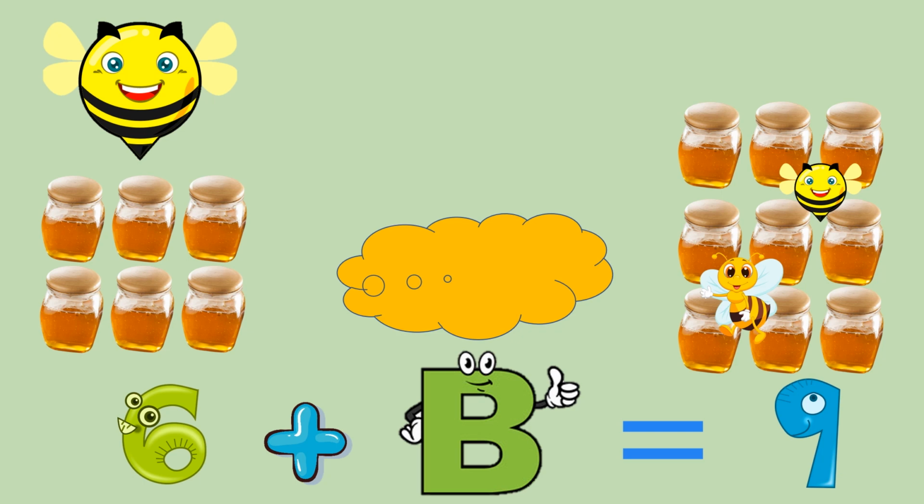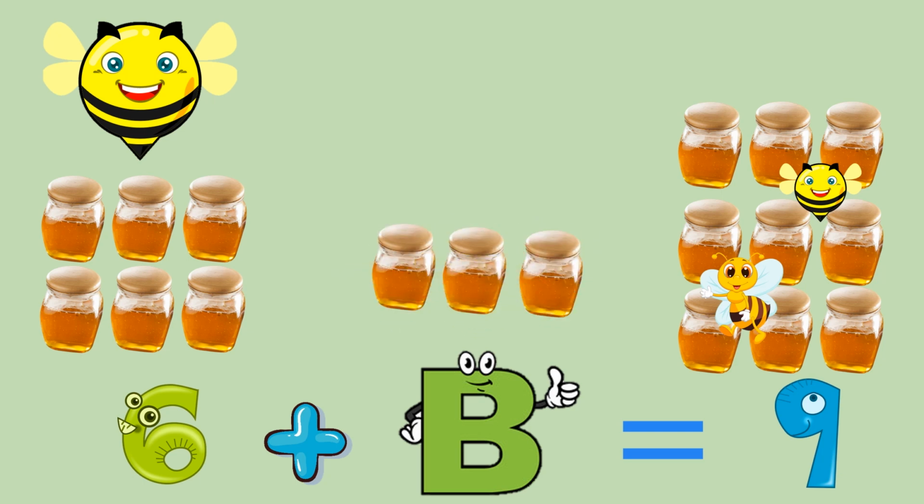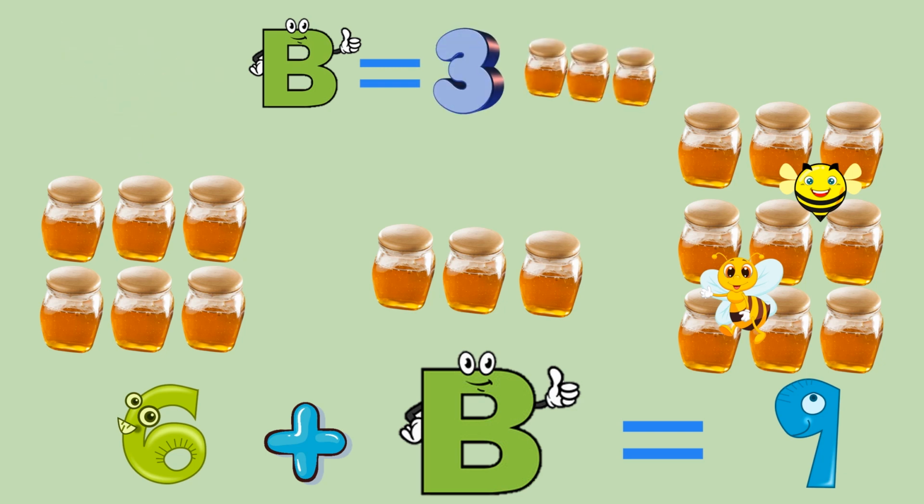At first, B was an unknown, and we didn't know its value. But after checking and trying, we saw that the number of jars produced by Mrs. B is equal to 3. And we can write B is equal to 3 honey jars.